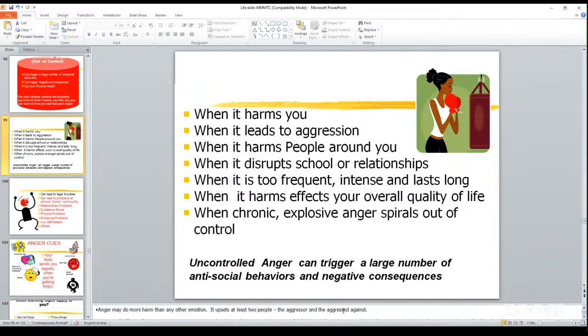When I said anger is a problem when it harms you, definitely it harms people around you, it disrupts your actions, it happens again and again, and you think it is going to affect your quality of life, and so many other things. All these can have a lot of negative consequences, lead to antisocial behaviors, and might take a big toll later. So you have to be very careful about it.